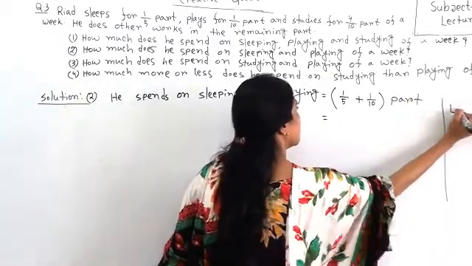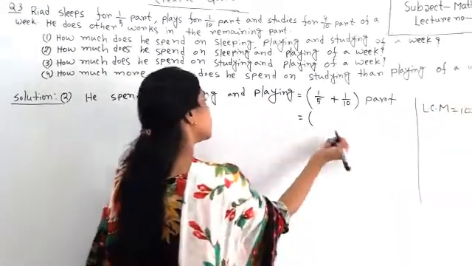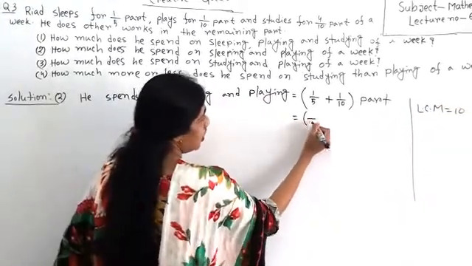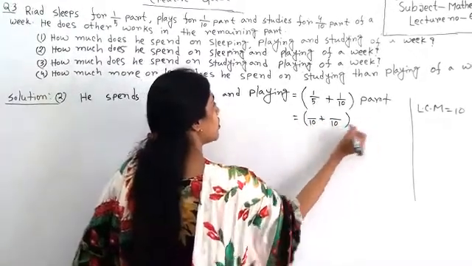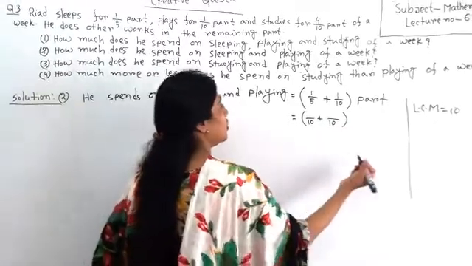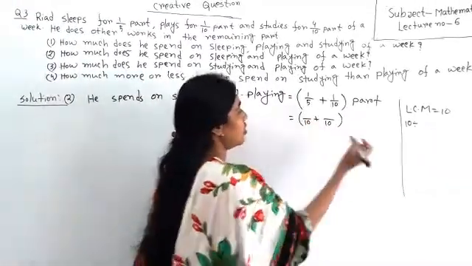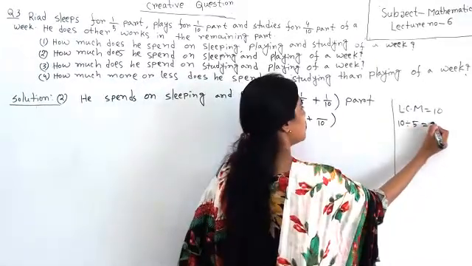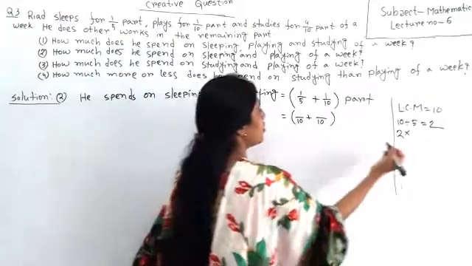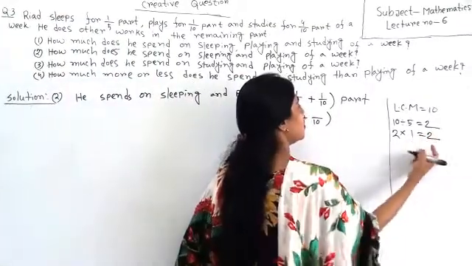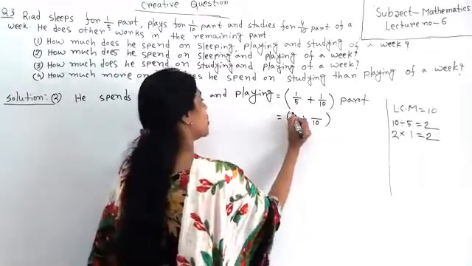Here the LCM is 10, so 10 is written as the denominator of both fractions. This 10 is divided by the first fraction denominator, getting result 2. This 2 multiplied by the first fraction numerator gets result 2, written as the first fraction numerator.